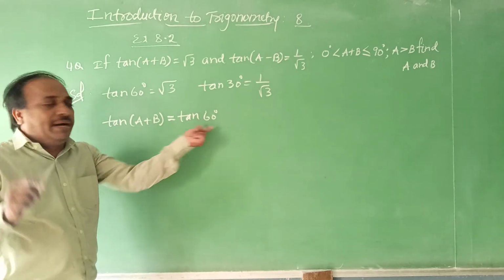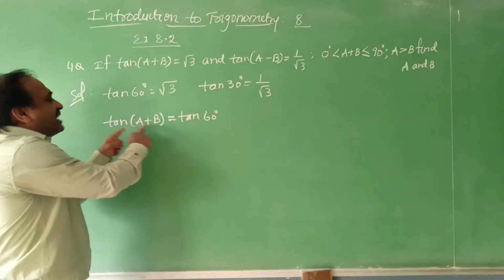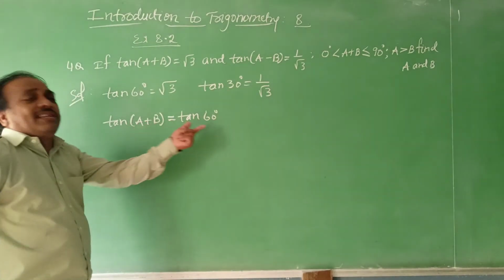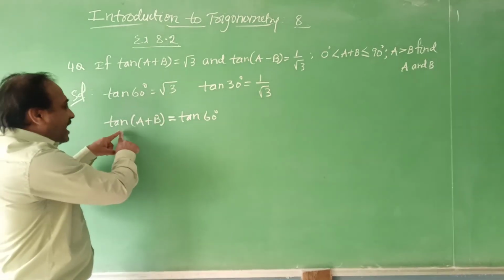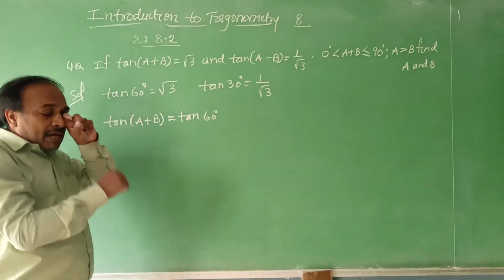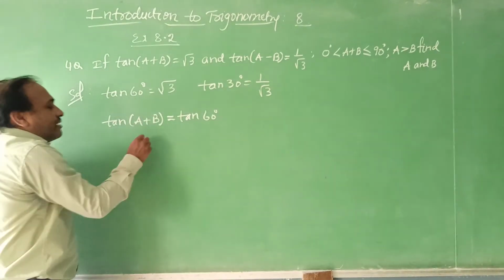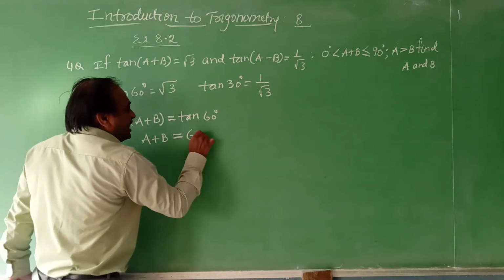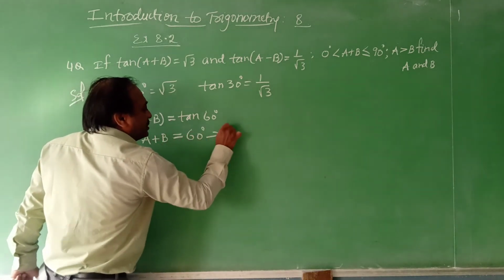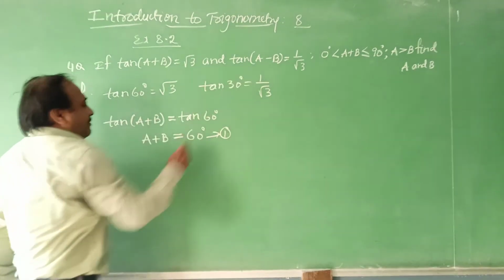That you have to remember. Both the trigonometric ratios are the same, left and right hand side. So we are equating a plus b is equal to 60 degrees. Let this be equation 1. Similarly, we go for the second one.